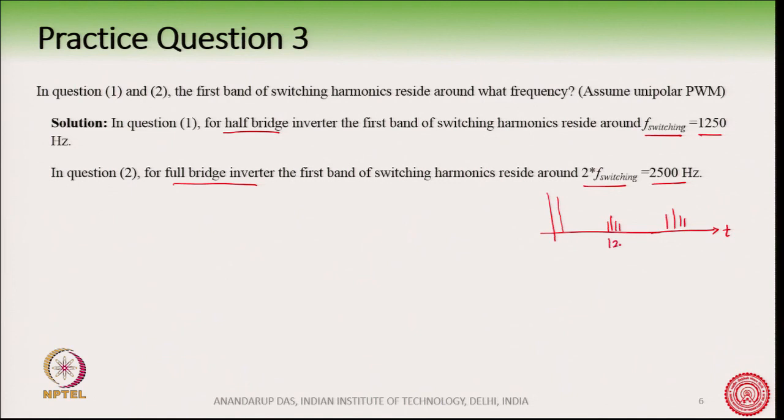This will be around 1250. If you see the half bridge harmonic spectrum of the pole voltage, and then the full bridge harmonic spectrum, you will see the fundamental, and the harmonics around 1250 will vanish in unipolar PWM. Here it will be 2500 hertz. So, this is the answer.